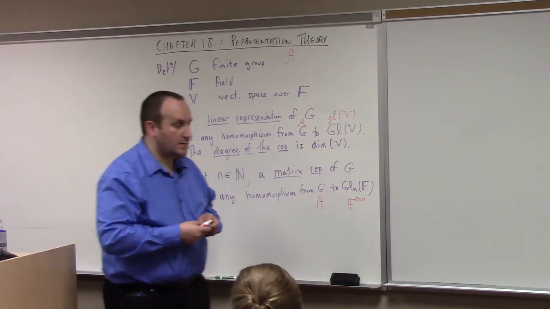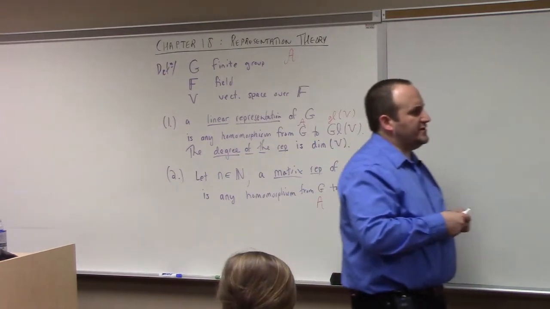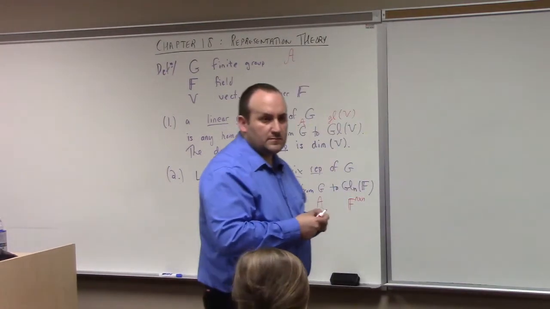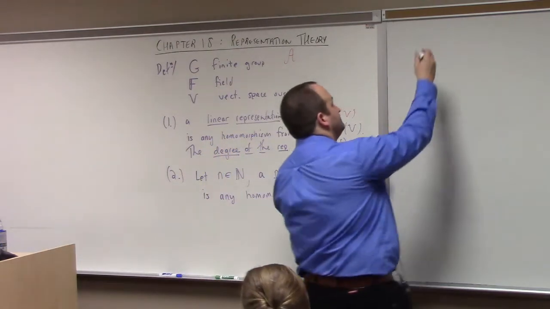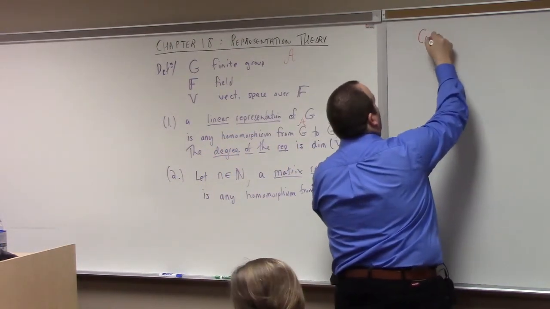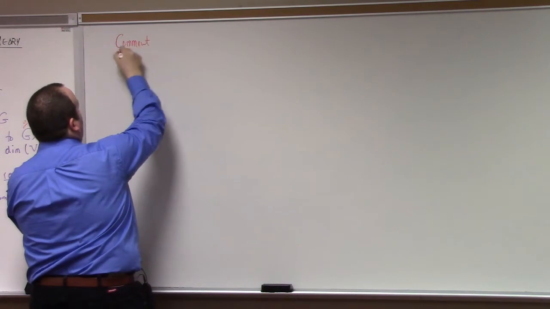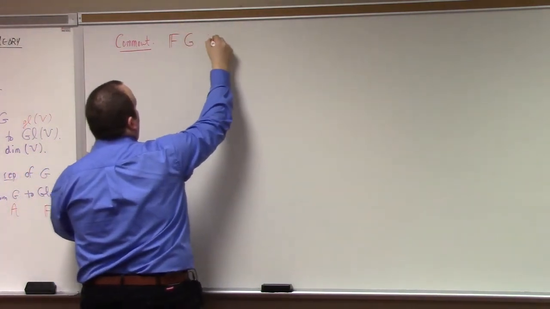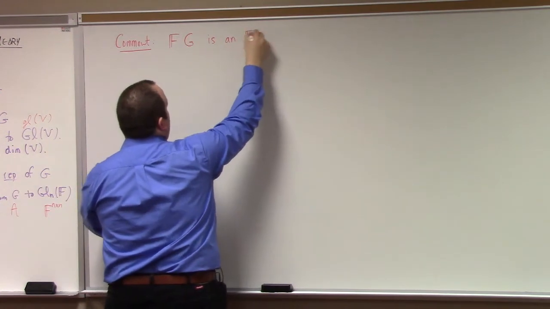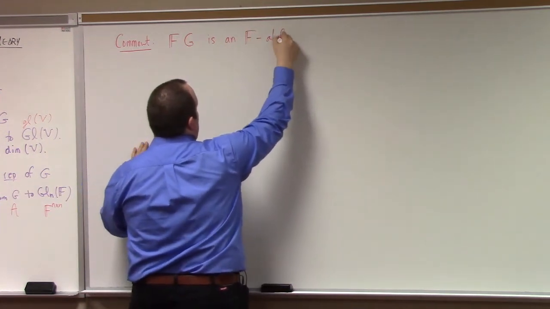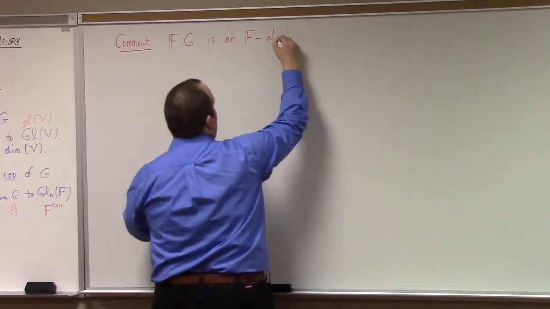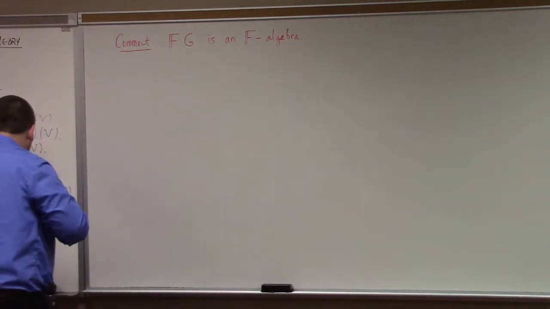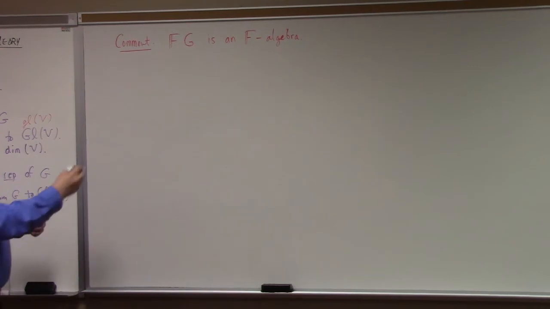Okay. So actually the group ring is an algebra, right? I think it's an F algebra. Here, let's be more specific. How about this example?